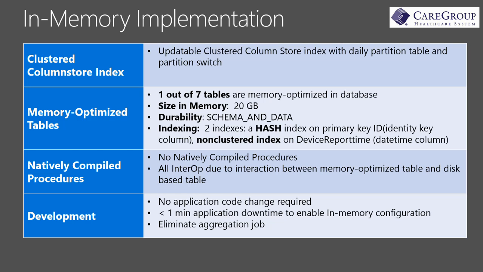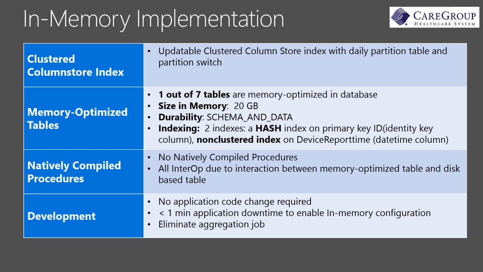For memory optimized tables, they did not move the entire database into in-memory OLTP. They chose just that one table where they had a lot of the contention points, the system event table, and moved that into a memory optimized table. The size in memory is about 20 gig. The durability they chose is schema and data. They did want it for recoverability.